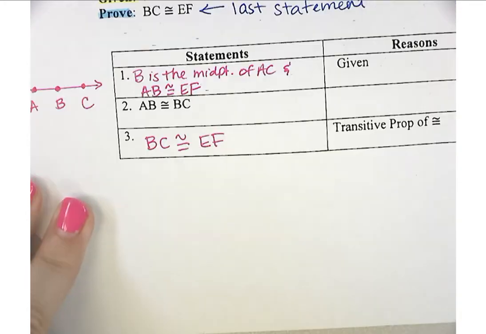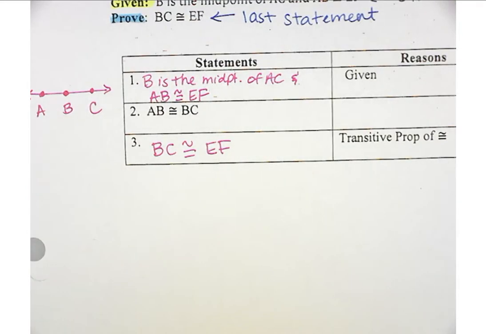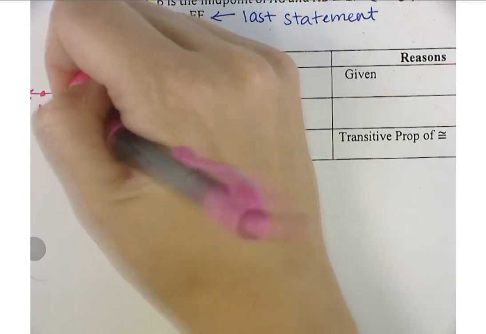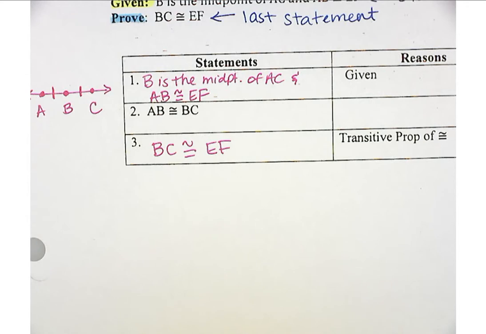If I know that B is the midpoint, what's something else I know on here? Not all the points. But what is congruent? The two segments are congruent, right? So the segment AB will be congruent to the segment BC, which is what we have there.